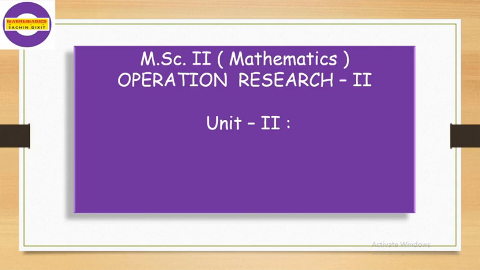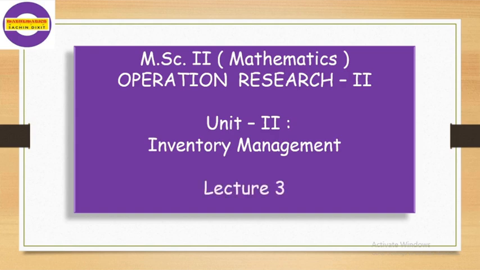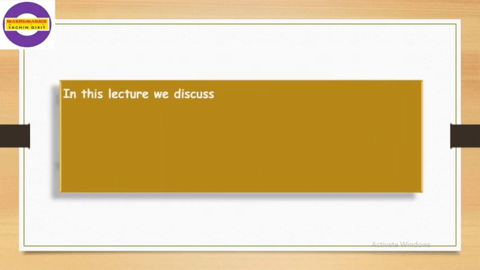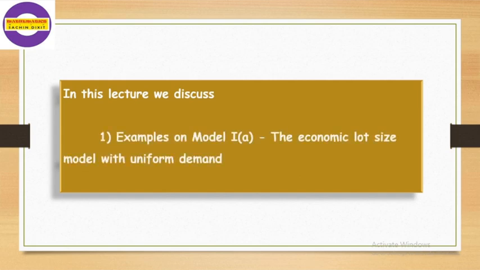This is a lecture series on inventory management, and this is the third lecture. In this lecture we discuss examples on model 1A, that is the economic lot size model with uniform demand and no shortages.